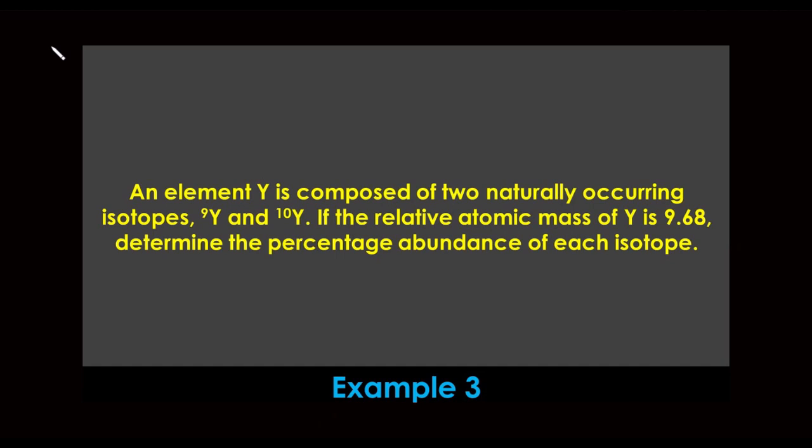This example is quite different from the first two because we are given the relative atomic mass of Y and the mass numbers of its isotopes and asked to determine the percentage abundance of each isotope. So to do that, we'll have to assign the percentage abundance of one of the isotopes as x over 100 and the other as 100 minus x over 100. Then substitute the given parameters into the RAM formula and then solve for x as shown.